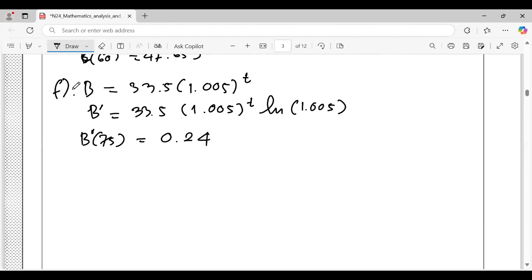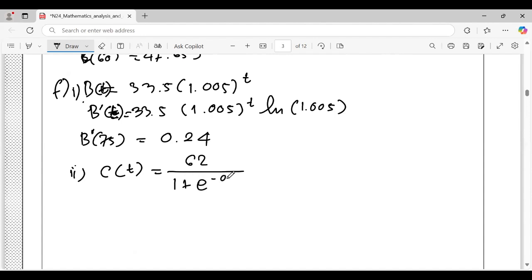Now, this is part 1. And part 2, this is supposed to be C(t). C(t) is 62 over 1 plus e^(-0.02t).